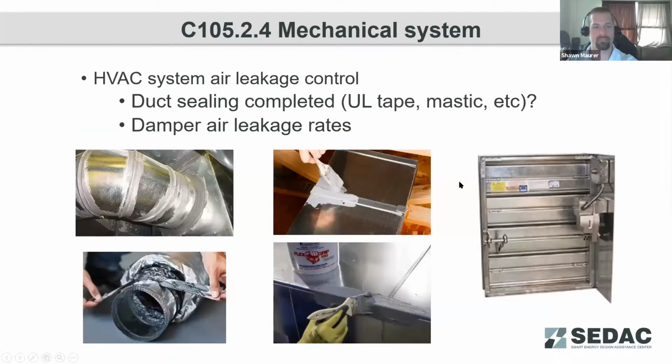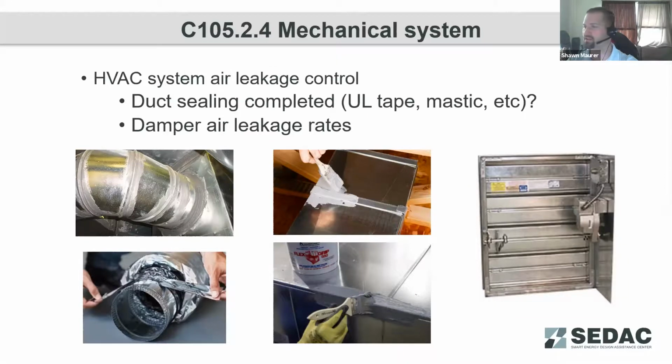the code. As far as duct sealing, again, making sure that you're using a UL rated tape or mastic on all the joints in that duct system, making sure it's properly sealed to avoid leakage. Make sure that the air you're conditioning gets to the spaces that need it. And the other thing that the code official is going to be looking for to verify is that shut-off dampers for ventilation controls are properly rated with a proper air leakage rate.